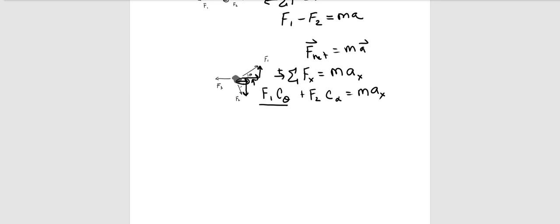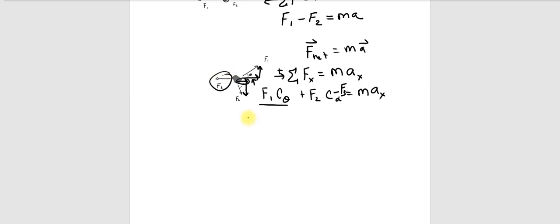The x component is adjacent to the angle that I called alpha. And oh, I forgot F3 in that equation here, so I need to add a minus F3 right here to take this into account.